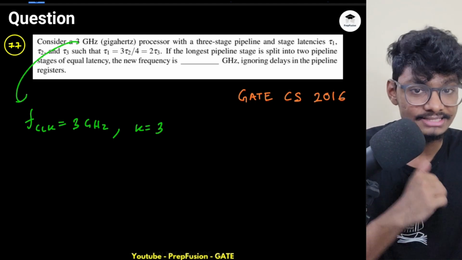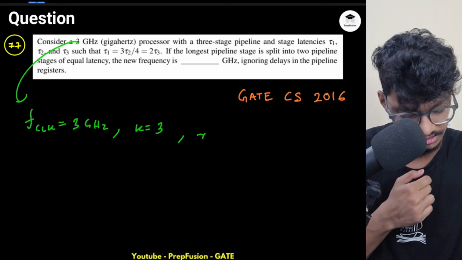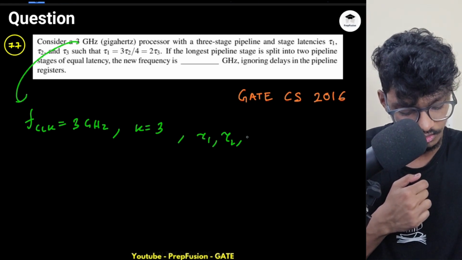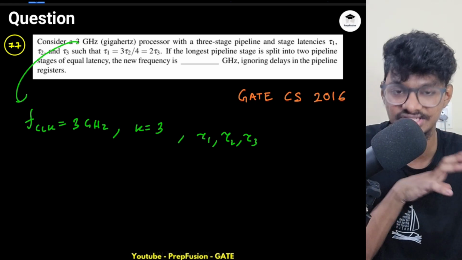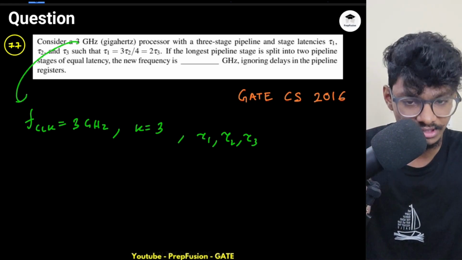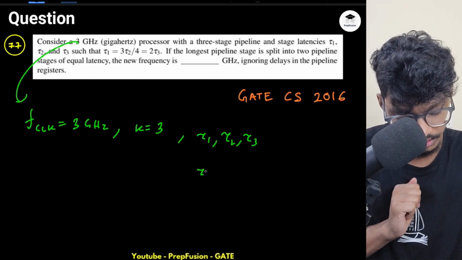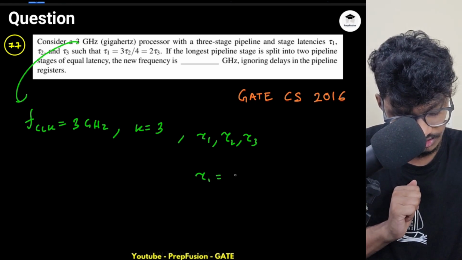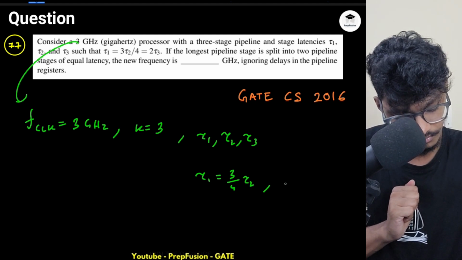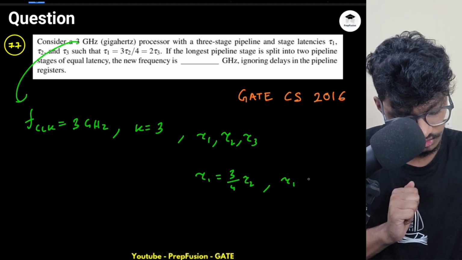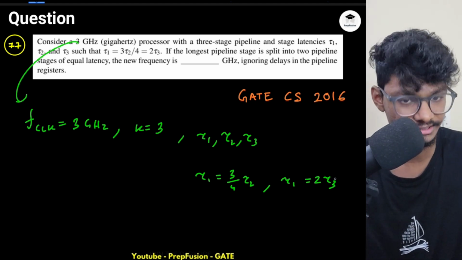The first stage has tau 1, the second stage has tau 2, the third stage has tau 3. And they have given me the relationship between each stage's delays. So this is a very, very brilliant question. Please focus here. They have told me that tau 1 is 3/4 of tau 2 and tau 1 is also twice tau 3. That is the relationship they have given me.